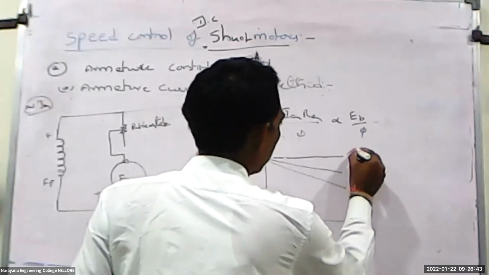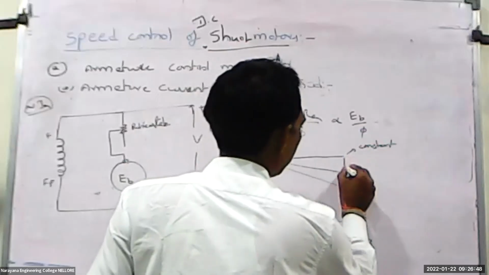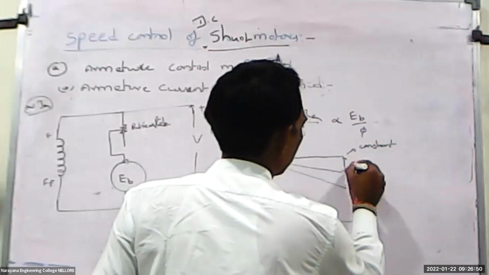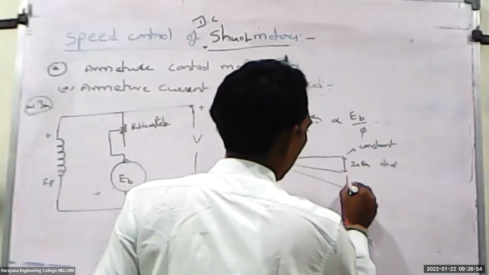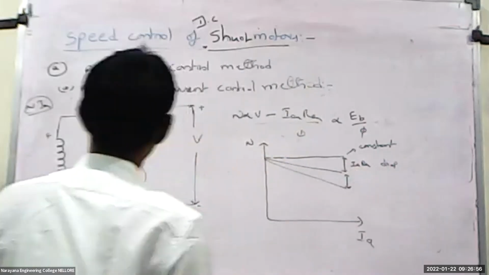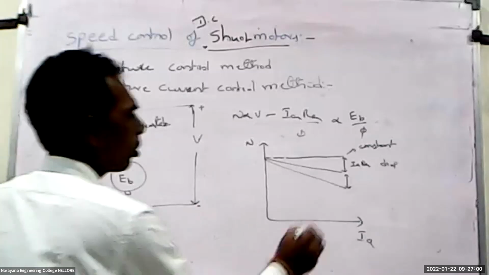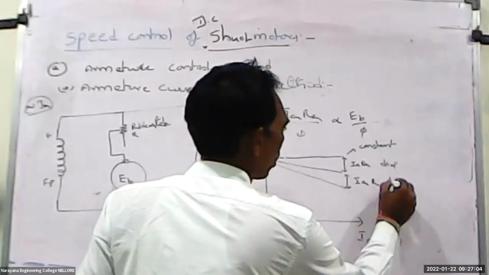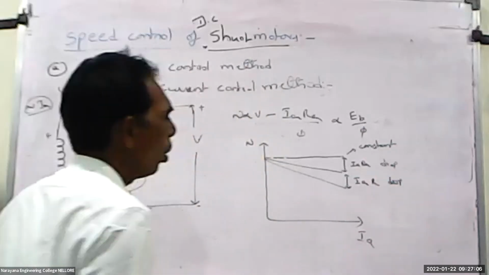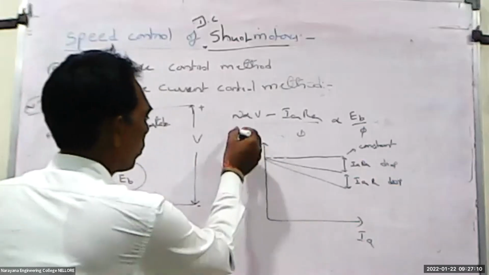This is the constant, and this is called the IaRa drop. If you are increasing the value of Ia, speed decreases. What is the reason?